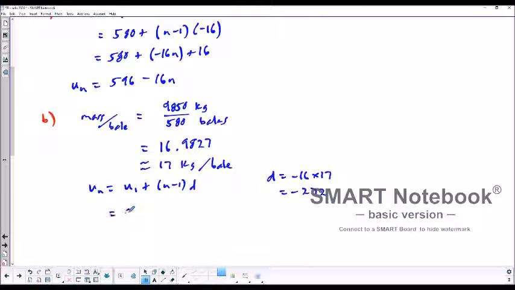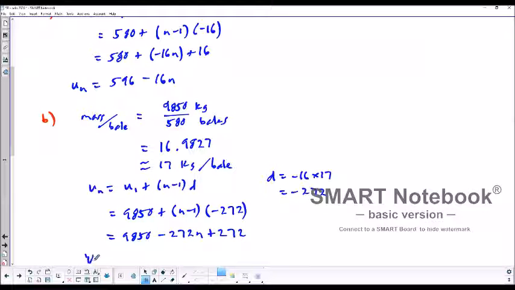So the general form, so there's 9,850 kilograms to begin with, plus n minus 1 multiplied by negative 272. So we're going to have minus 272n plus 272. So I will take that and add it to 9,850.